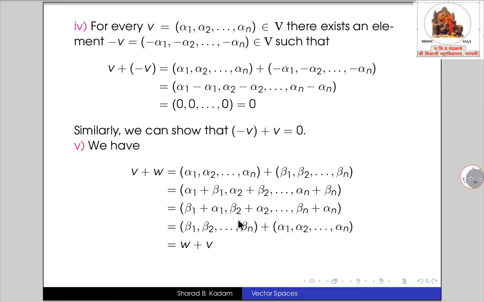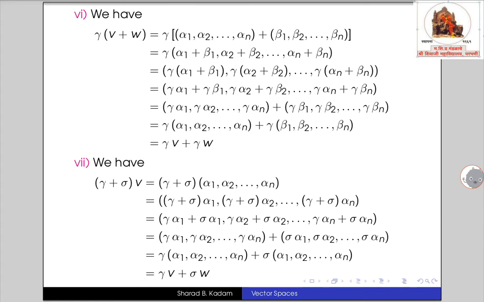Now we separate these two vectors. So this equals the vector (β1, β2, ..., βn) + (α1, α2, ..., αn). This vector is w and this vector is v. So we have shown that v + w equals w + v. So we have shown that V forms an abelian group under the binary operation addition.